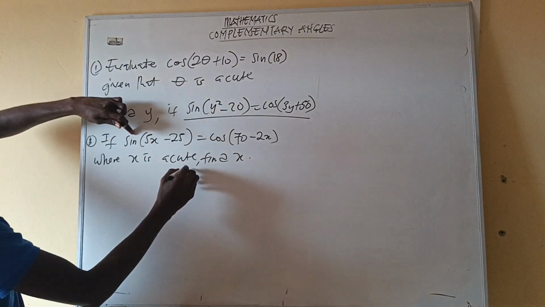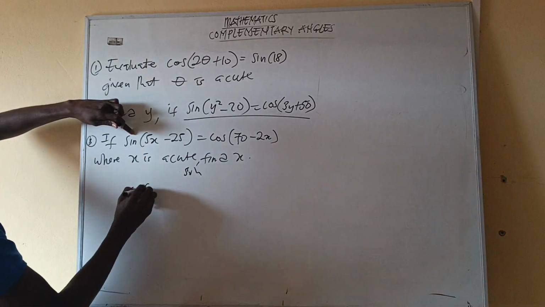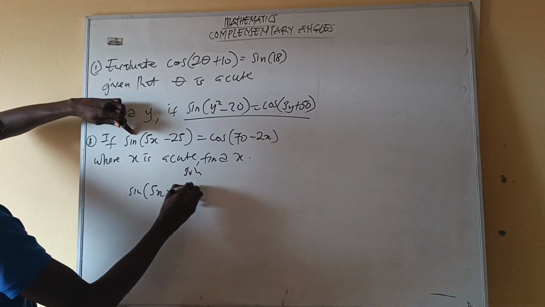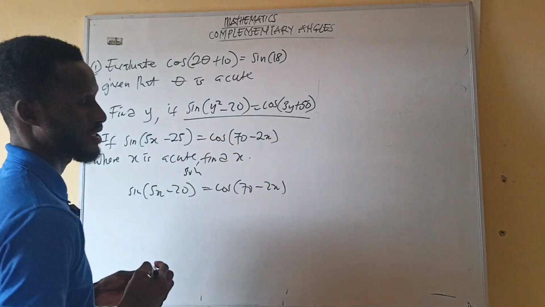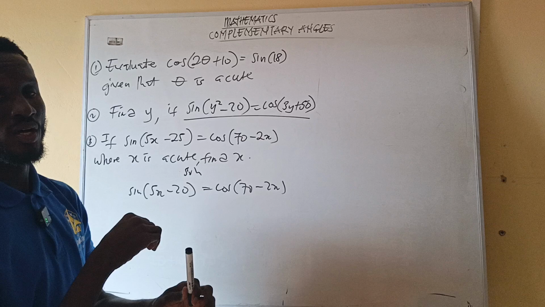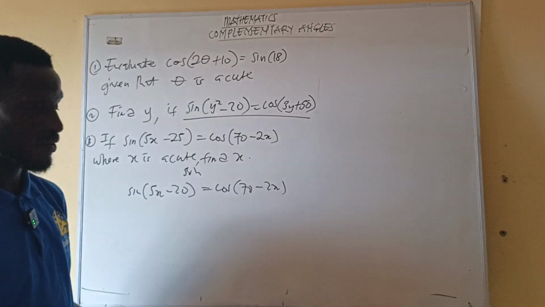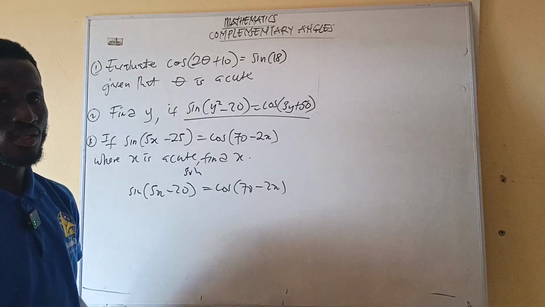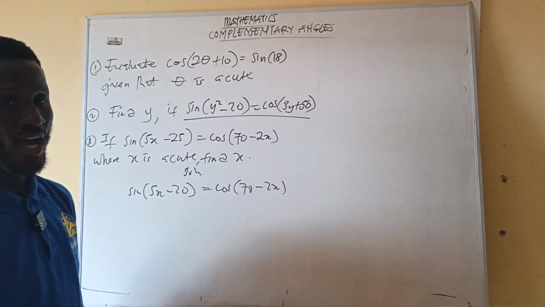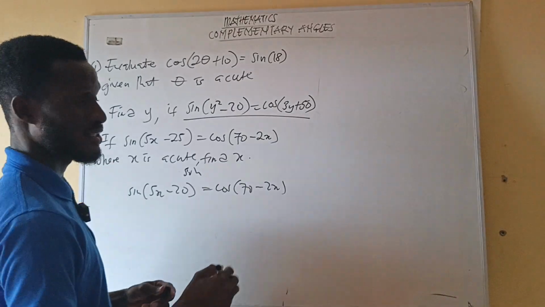The last question is sine of 5x minus 20 is equal to cos of 70 minus 2x. With this one, I don't want to go through method 1, changing this one to sine or changing this one to cos. I want to go straight away using method 2.